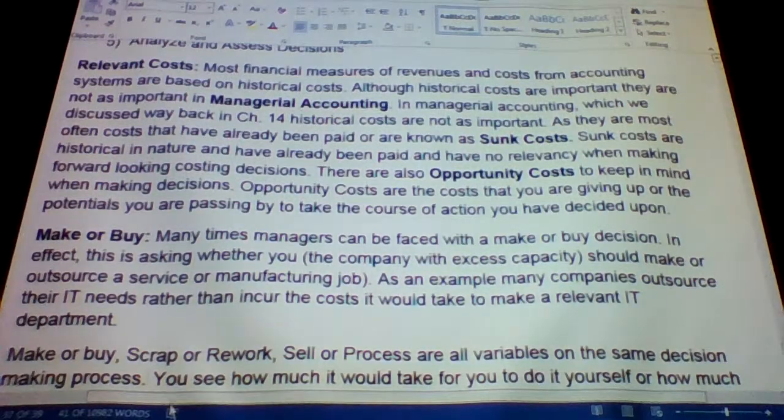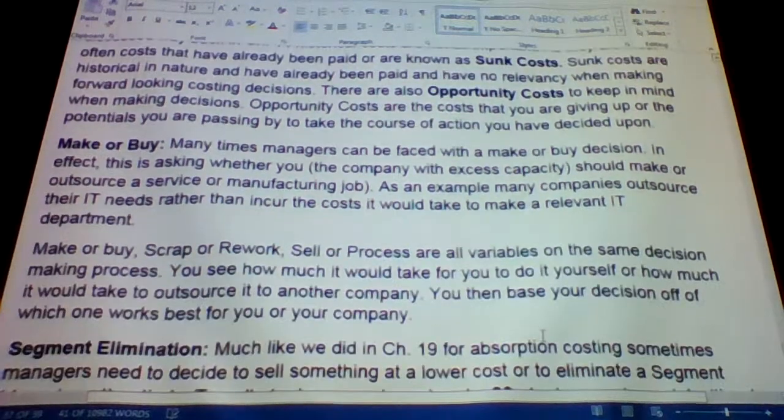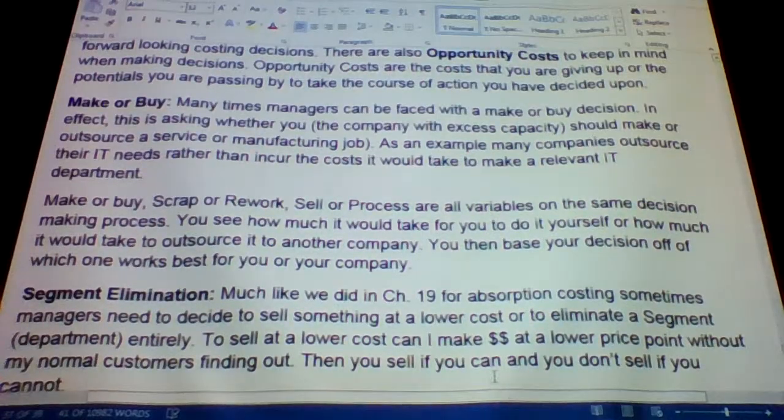These make or buy decisions, scrap or rework, sell or process, they're all the same thing. They're just asking you whether I should make it or buy it. Should I scrap it or rework it, or should I scrap it and buy a new one? Should I buy a new one, or should I rework? I mean, the variables are innumerable.